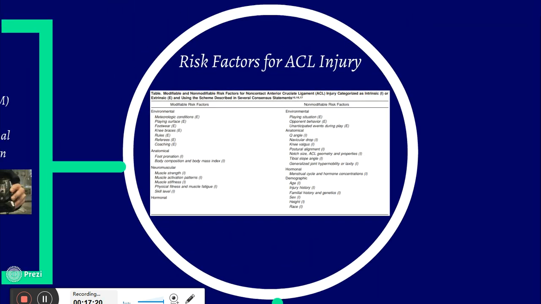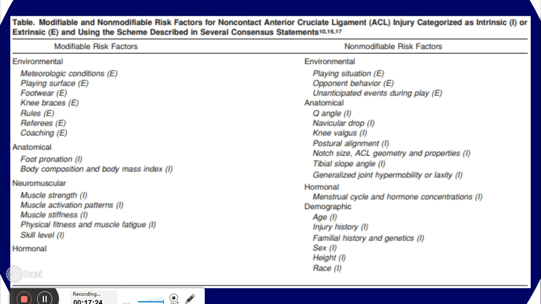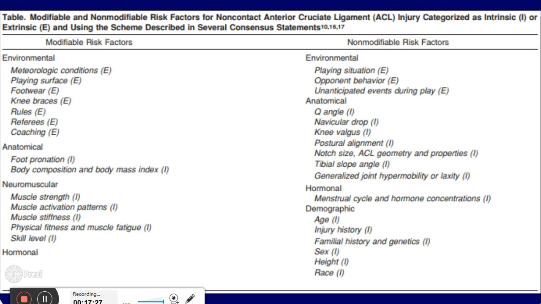Next we're going to talk about specific risk factors for ACL injuries. We've already talked a little about basic categories: modifiable risk factors and non-modifiable risk factors. This table is taken from several consensus statements to create an understanding of what the risk factors are.